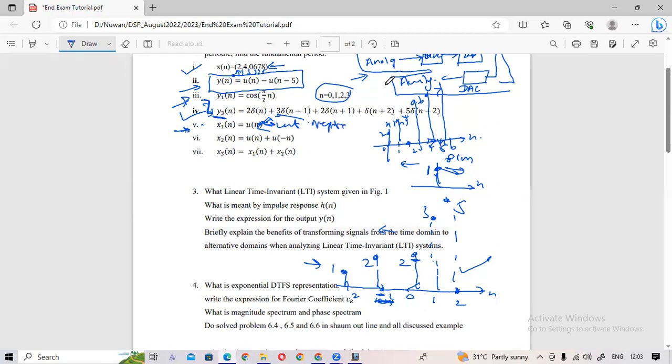Now, periodic signal. Tell me, is this one periodic or not?